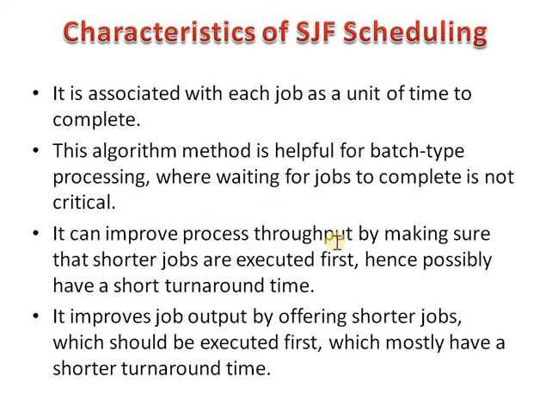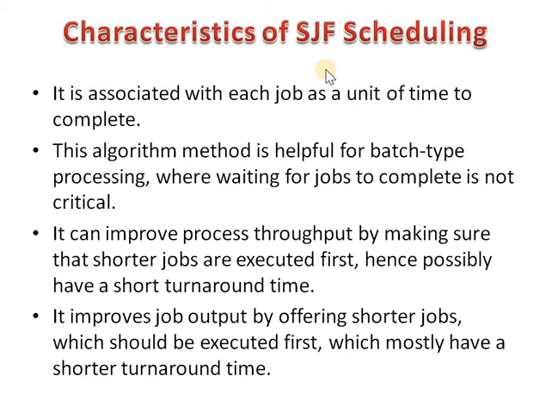It can improve process throughput by making sure that shorter jobs are executed first, hence possibly having a short turnaround time. These are the main characteristics of the shortest job scheduling algorithm.